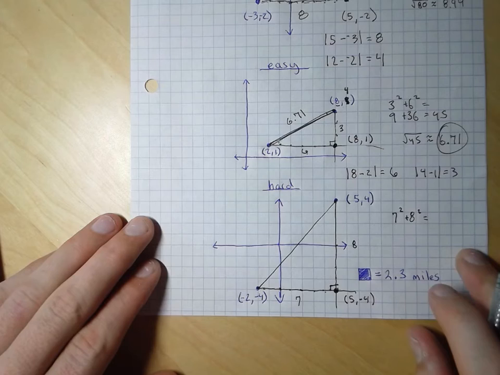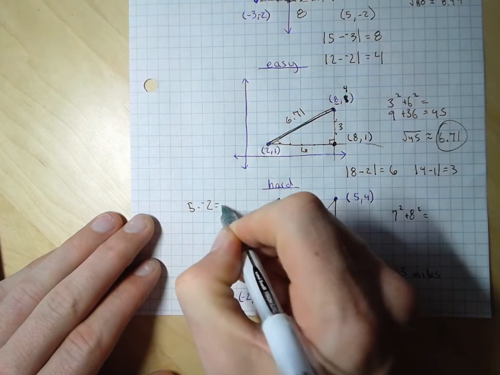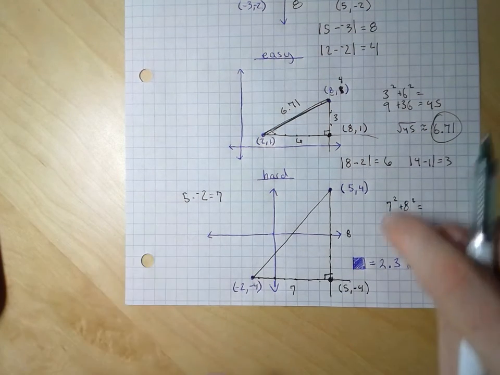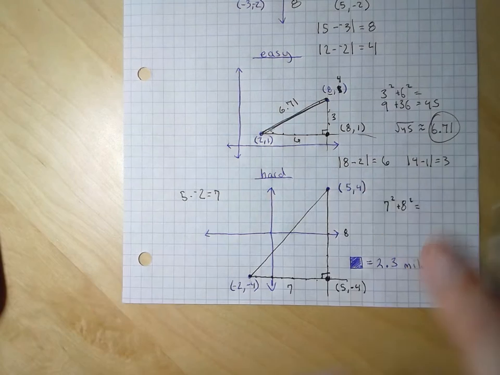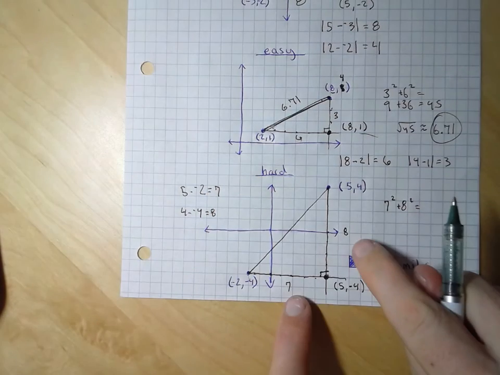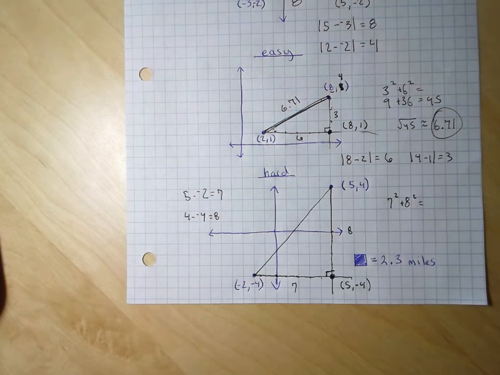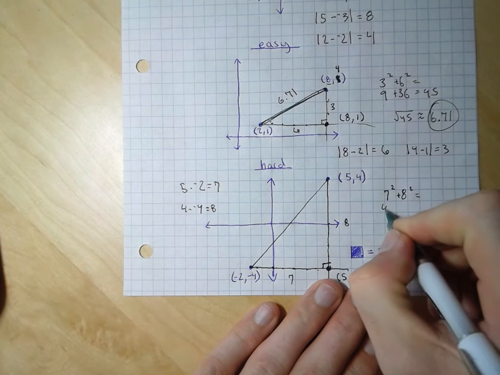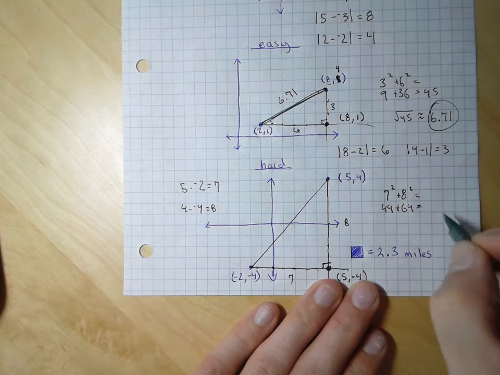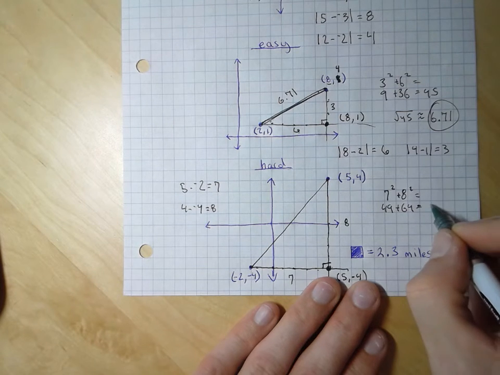But of course, we can do the subtraction method. 5 minus -2 is 7, subtracting the x-coordinates. And for the y-coordinates, 4 minus -4 is 8. So we have mathematically confirmed what we discovered visually. 7 squared plus 8 squared is 49 plus 64, which is going to be, what is that, 113, I believe.